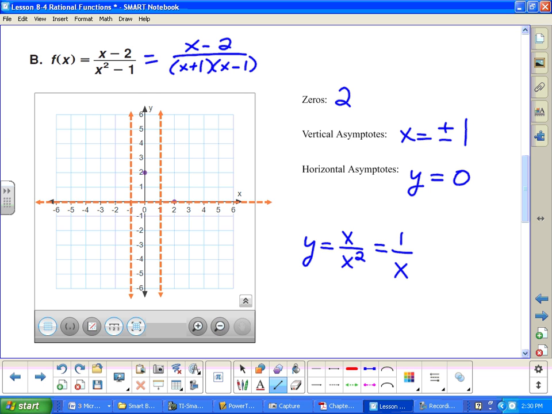So on the x-axis, I have a dotted line to represent the horizontal asymptote. And this means that as x gets really, really large, it's going to be closer to the x-axis. As x gets really, really small, it's going to get closer and closer to the x-axis. All right. So let's talk about graphing it then.